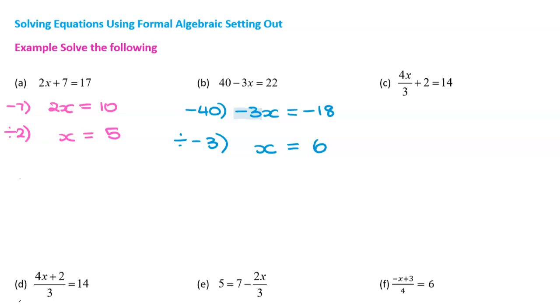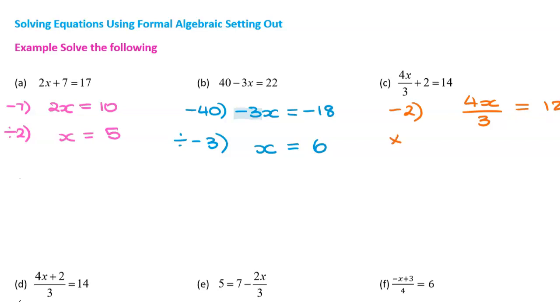Okay, next one here. I want you to think, which inverse operation are we going to do first? Are we going to subtract 2? Are we going to multiply by 3? Or are we going to divide by 4? My preferred thing with this equation here is to subtract 2 first. So that means we get 4x on 3 equals, my vinculum disappeared there, 4x on 3 will be 12.